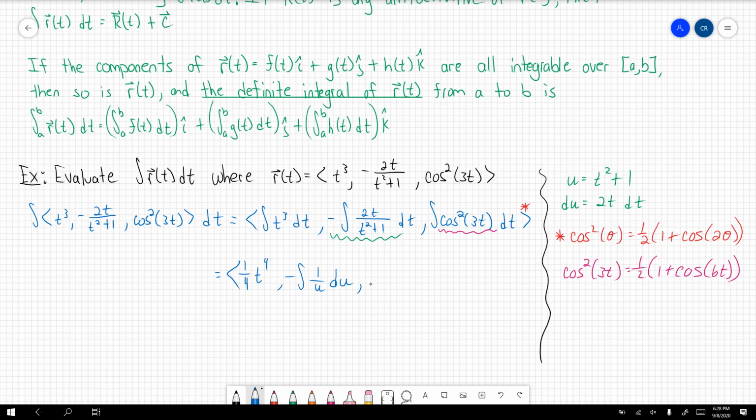So I'm going to go here to my last line, and I'm going to insert what I just found. That is 1/2 multiplied by, and you know what, let's factor out that 1/2. 1/2 multiplied by 1 plus cosine of 6t, and this is all going to be dt.